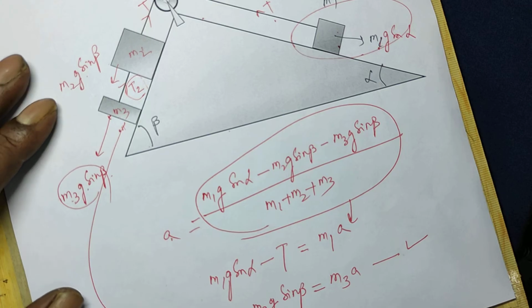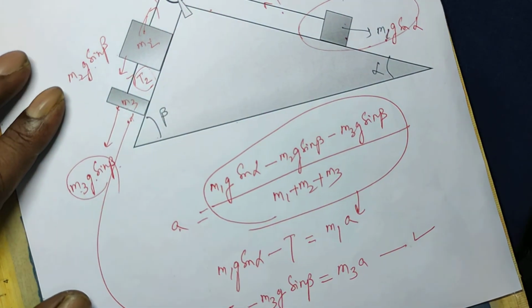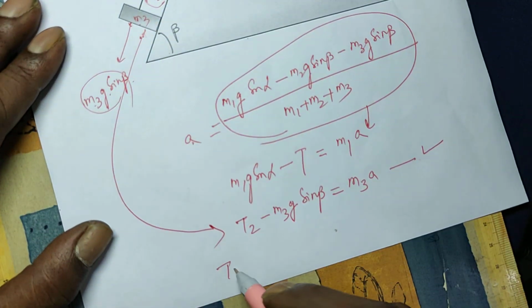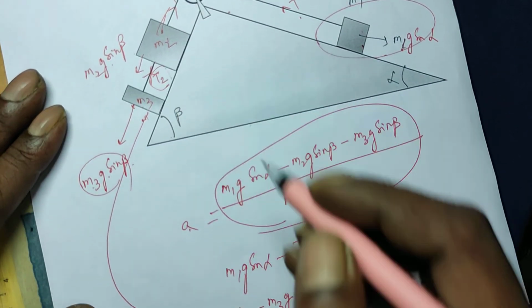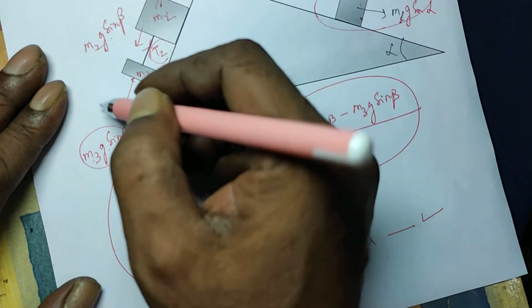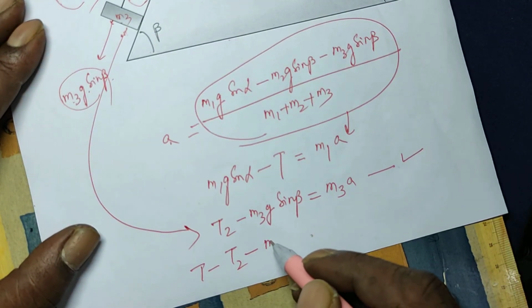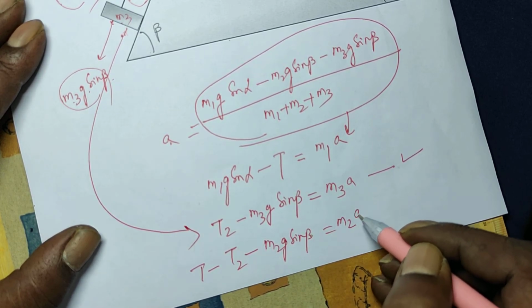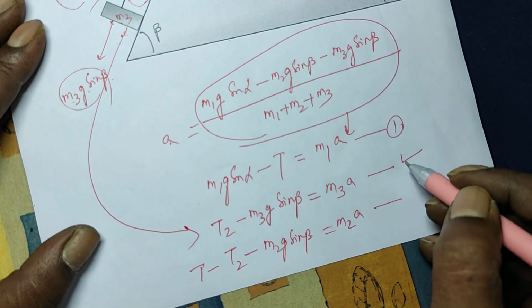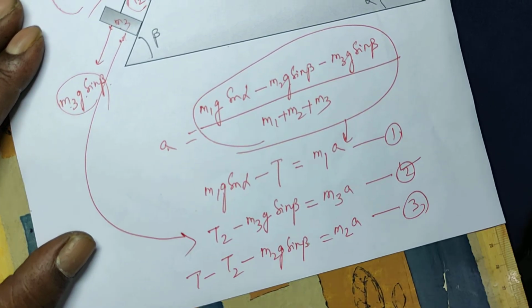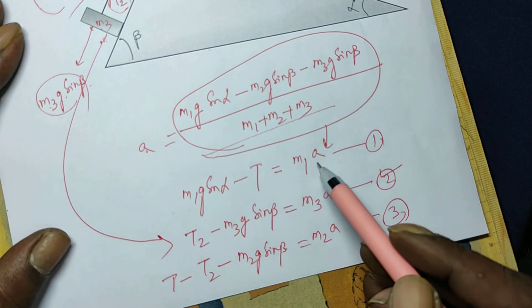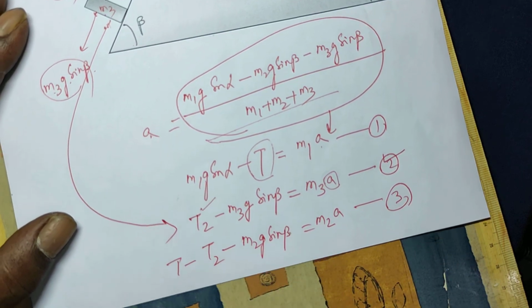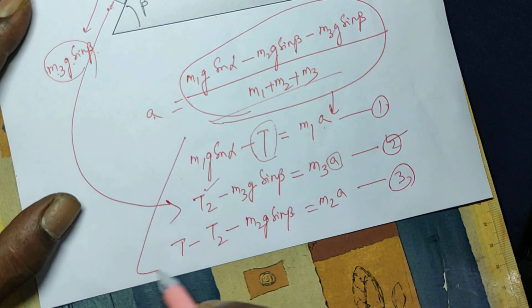Now to write the equation for this, since this is going up, you have to write T minus T2 minus m2g sine beta will be m2 times a. So we have three equations. You put this value of a here to find T. If you put the same value of a here, you find T2. So everything is found out.